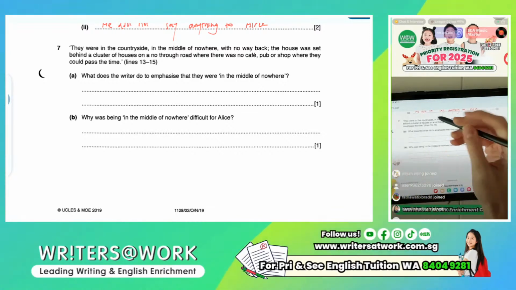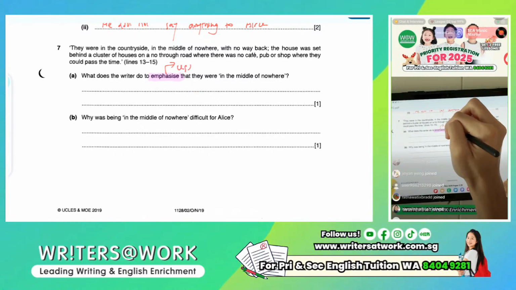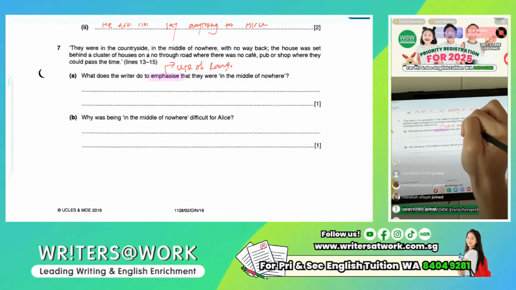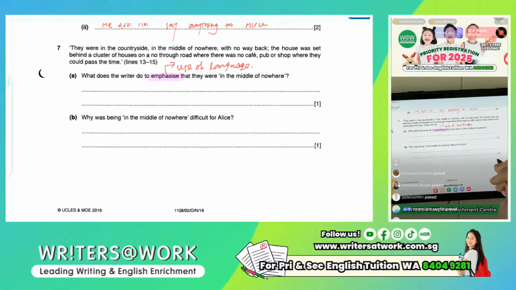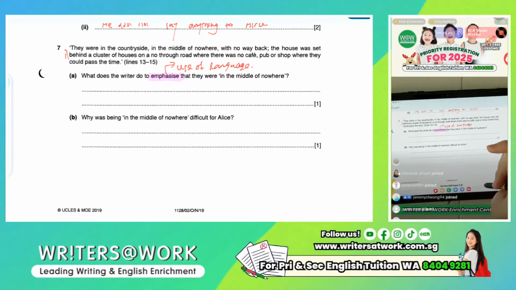So you can see when you want to emphasize something, we are always looking at the use of language. Okay, so you need to look closely at these few sentences, the few lines here, and ask yourself, so what is happening?